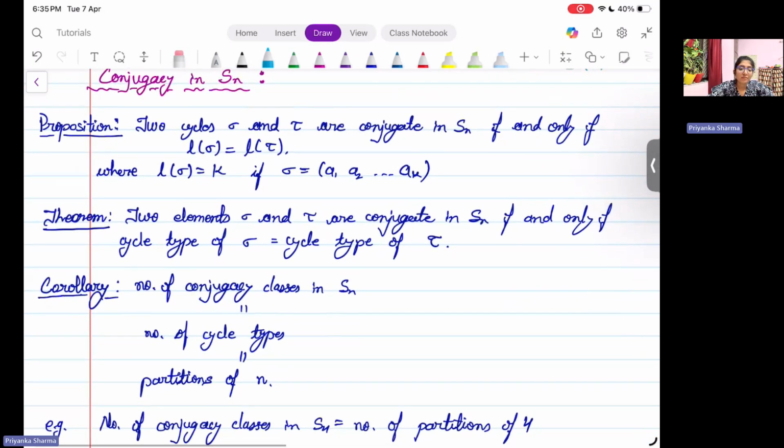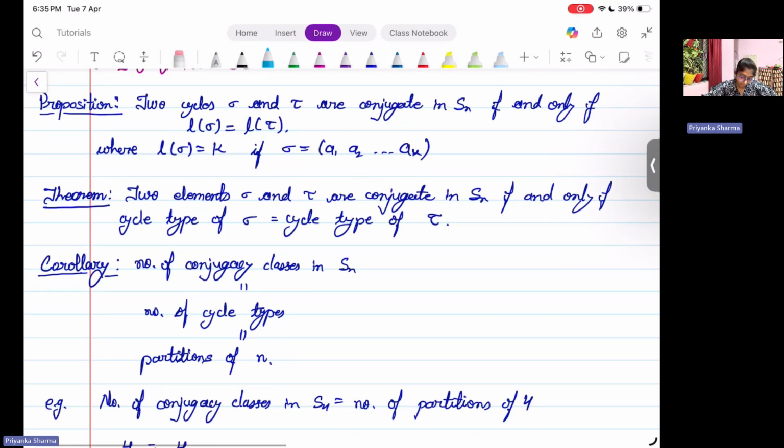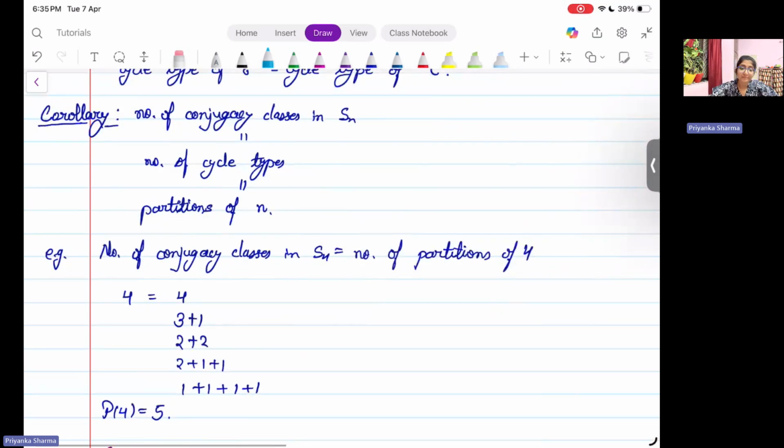Whenever we need to find the conjugacy classes, that is, the number of elements which are conjugate to each other, we need to find the cycle types in the given symmetric group. And the number of conjugacy classes in Sn is the same as the number of cycle types in Sn, and that is the same as the partitions of n.